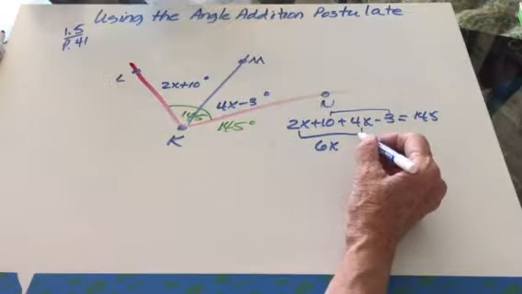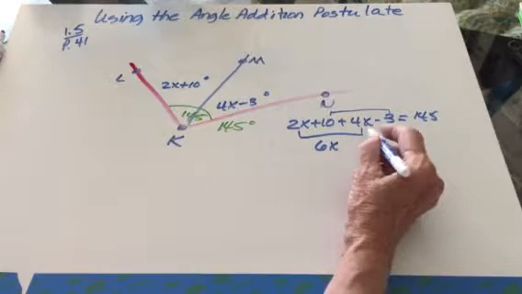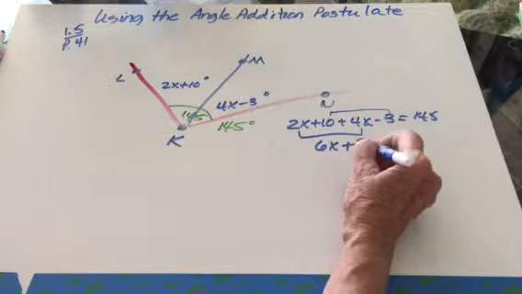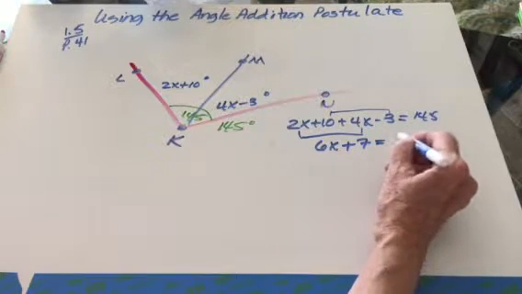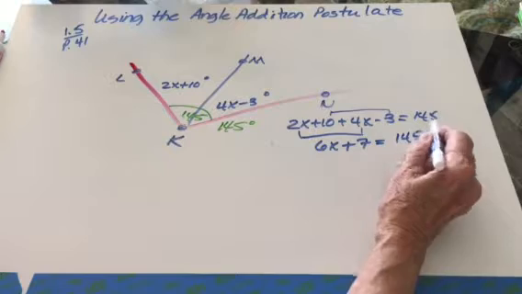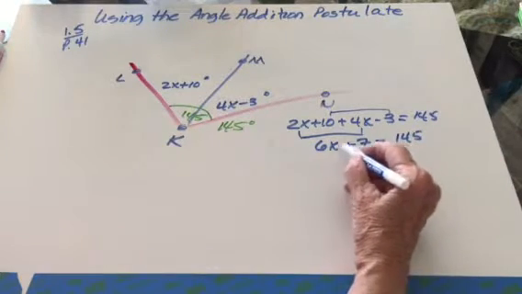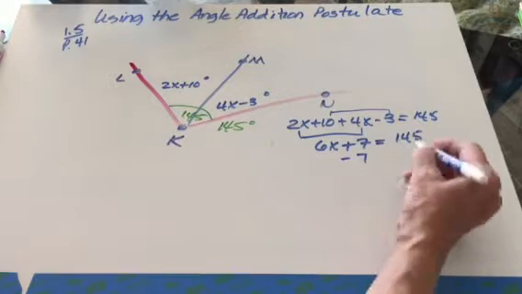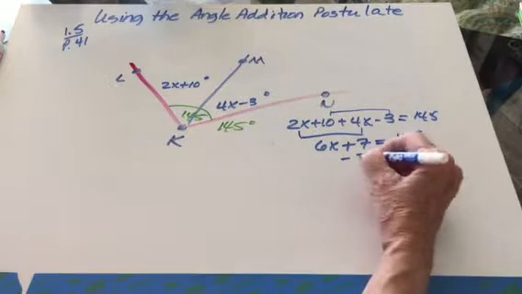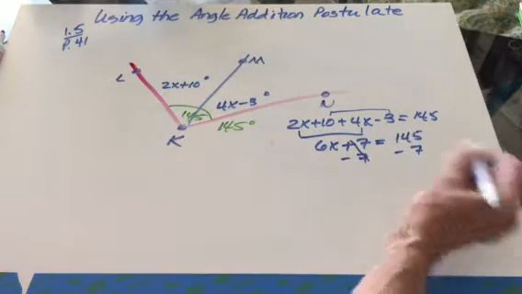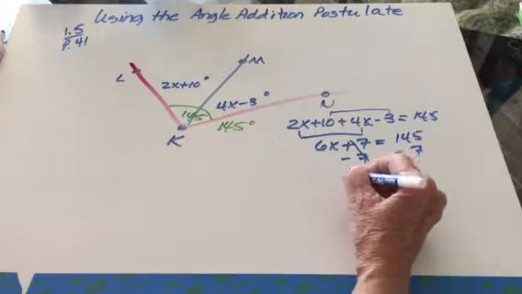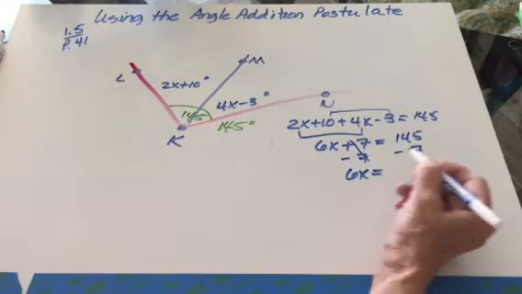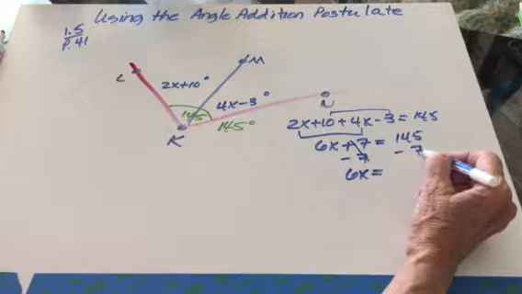That's 7. Is it positive 7 or negative 7? Positive. Positive 7 is 145. To solve this equation algebraically, I have to get rid of the 7 first, minus 7 on both sides. That goes away. So I have 6x is the same as 145 take away 7.